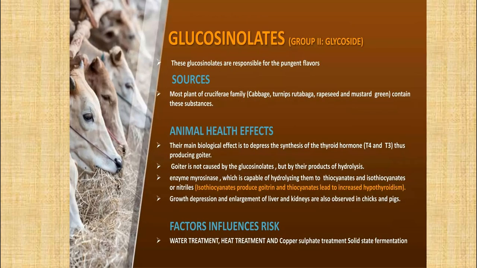Then another poison is known as glucosinolates. The sources of these are cabbage, which has a very pungent, disagreeable flavor, then turnips, rutabaga, rapeseed, and mustard greens. These contain these particular substances.